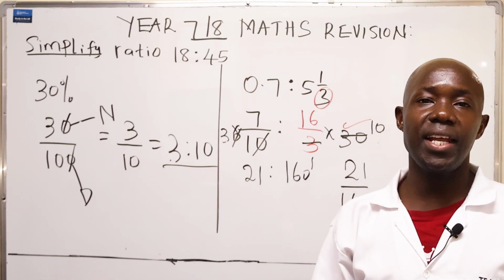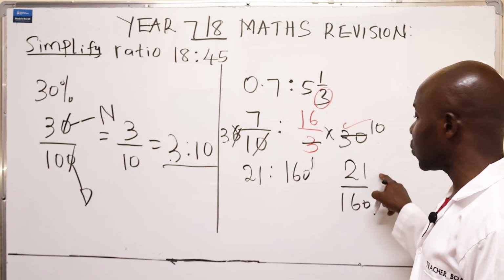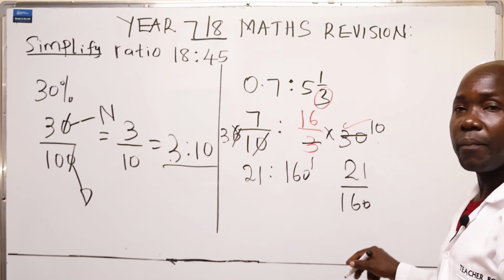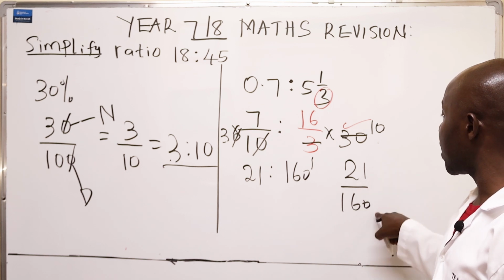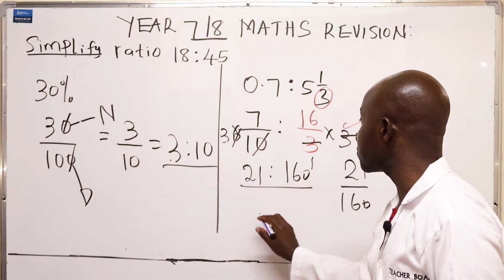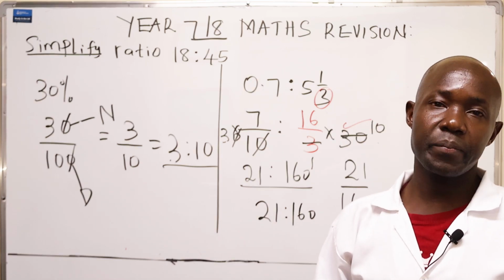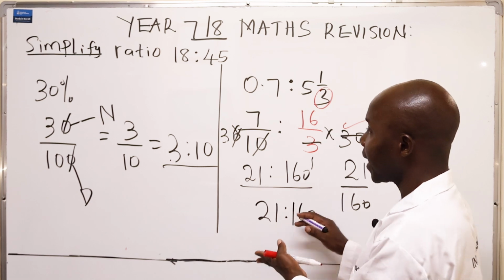Can it be easily simplified? Is there any common factor? 2 cannot go into both cases, 3 cannot go. So there is no common factor in 21 and 160. So the simplified form of this ratio remains to be 21:160.